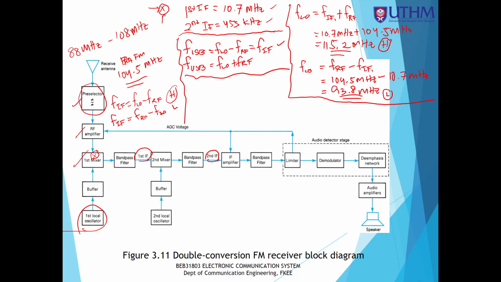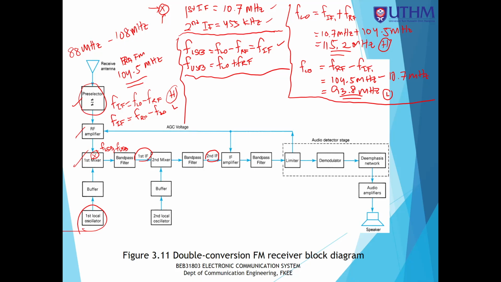Now I need to know the frequencies produced by the first mixer. The frequencies produced by the first mixer are the FLSB and also the FUSB.